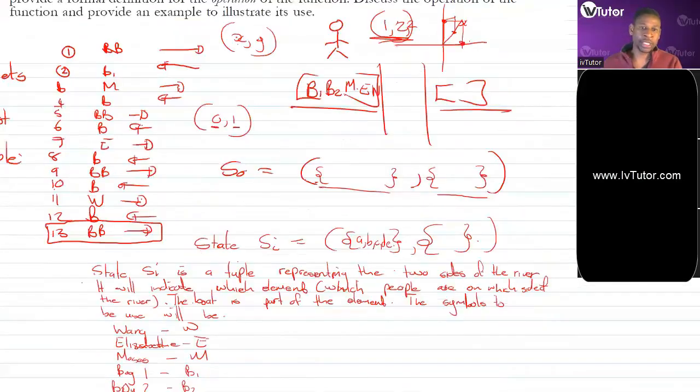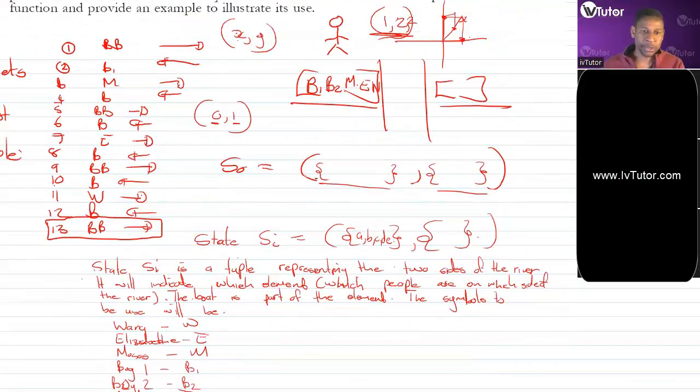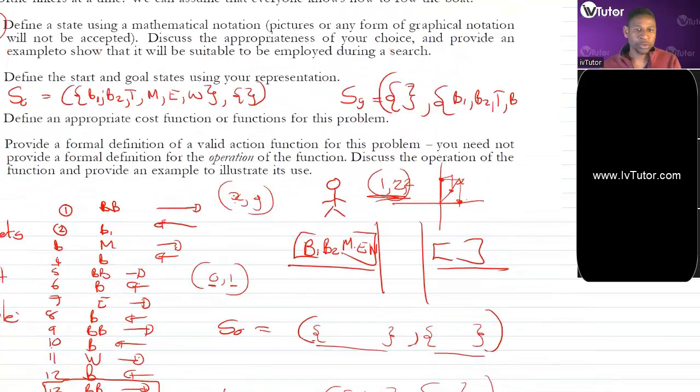As soon as we have this scenario, M, E, 1, like that, then with a T. By that time, the T will also be there.